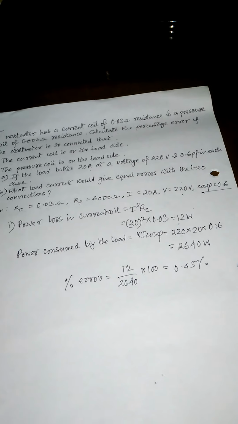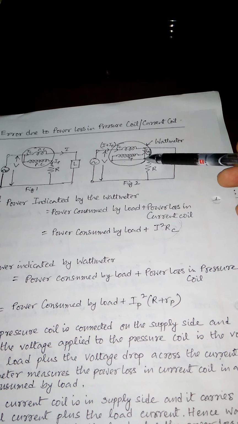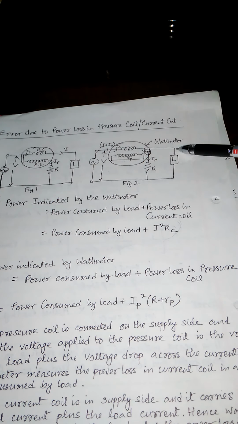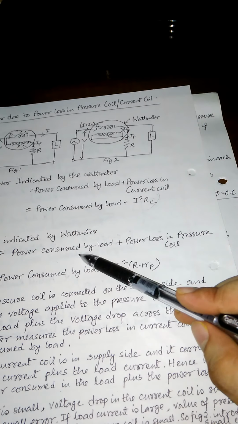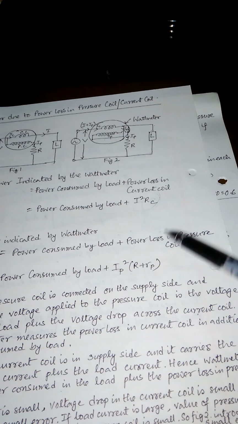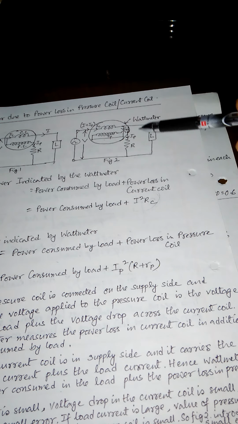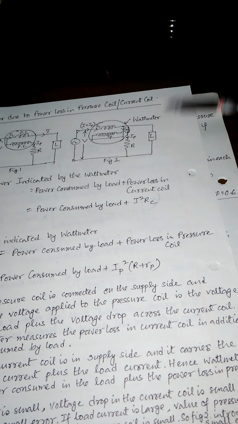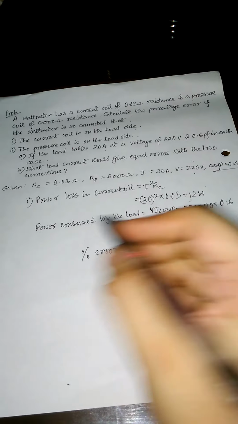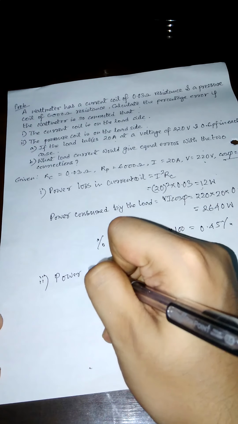Now, in our next connection, if you are considering that the pressure coil is connected towards the load side, then what happens? The power indicated is the power consumed by the load plus the power loss in the pressure coil. So we have to consider the power loss in the pressure coil.